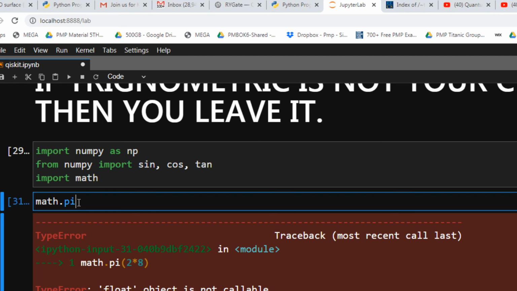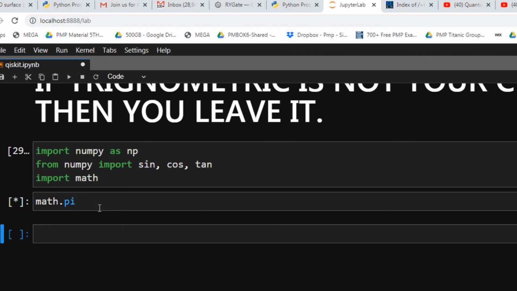If you have imported math over here, then if you see it closely, it's not going to calculate those kinds of trigonometric values which are actually stored inside Python.